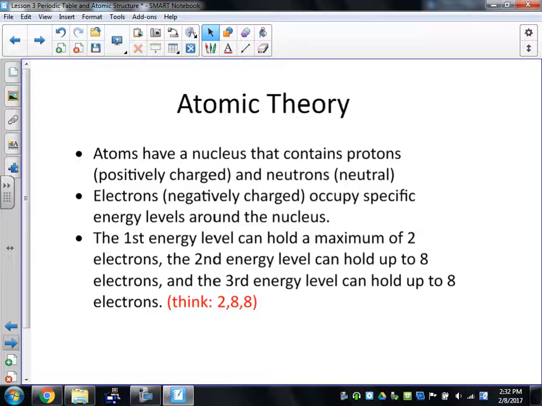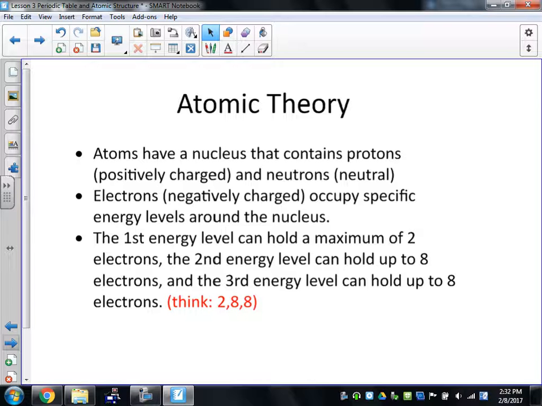The reason is because in atoms, we need the same number of protons as electrons, yes? We want the atom to be neutral. So look, hydrogen's got 1 proton, 1 electron, neutral. 1 positive, 1 negative. Helium's got 2 protons, so it's got to have 2 electrons.